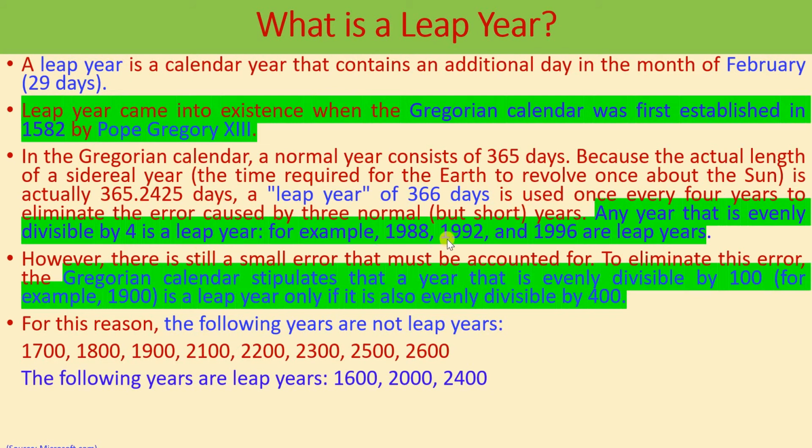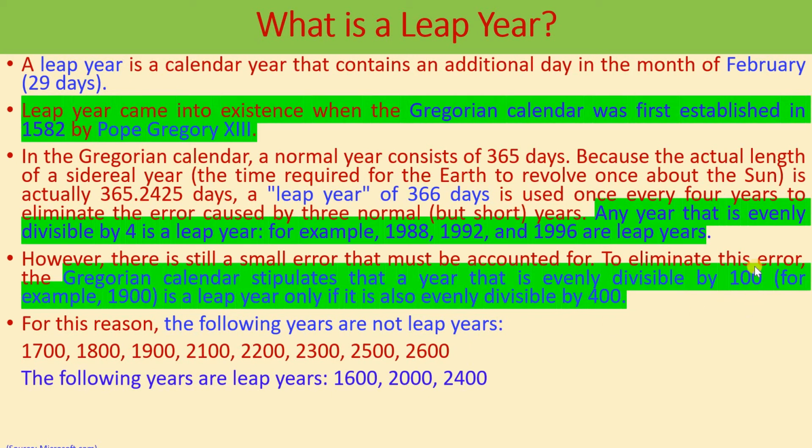For example, 1988, 1992, 1996 are leap years. However, there's still a small error that must be accounted for. To eliminate this error, the Gregorian calendar stipulates that a year that is evenly divisible by 100, for example 1900, is a leap year only if it is also evenly divisible by 400. So this is applicable only for years that are divisible by 100.